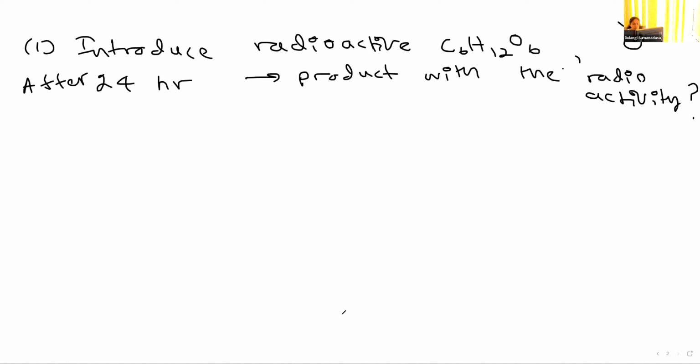Is the question clear? I'm going to introduce radioactive glucose, having the oxygen atom labeled. After 24 hours, you're going to measure whatever the output, right? So where are you going to see?